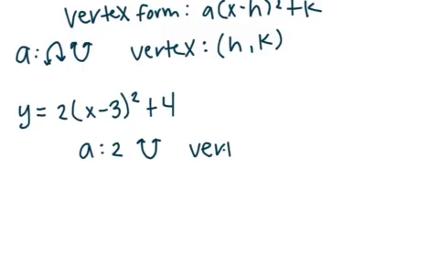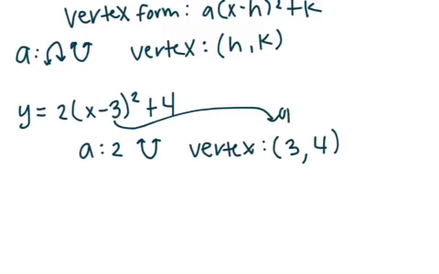And then my vertex is the opposite of what's inside the parentheses, so that would be a positive 3 and then 4. So make sure you're noticing that this is going to be the opposite sign.